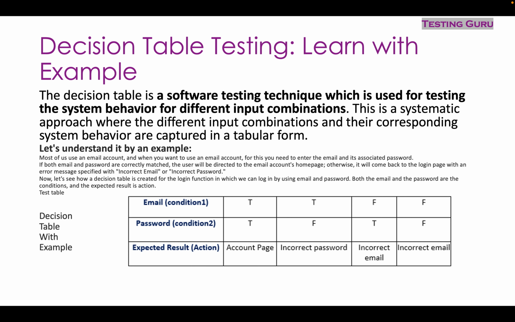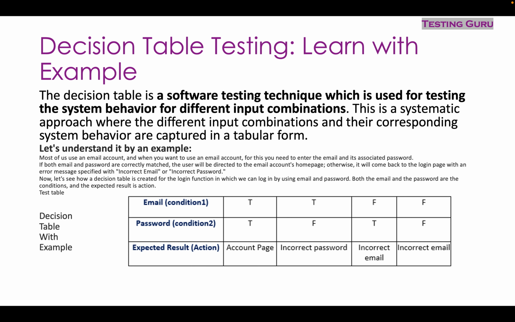So in the first case we are giving a valid user id and password. In the second case, we give a valid username but the wrong password. In that case, the expected result should be incorrect password. So we put true, false, and incorrect password as the expected result.